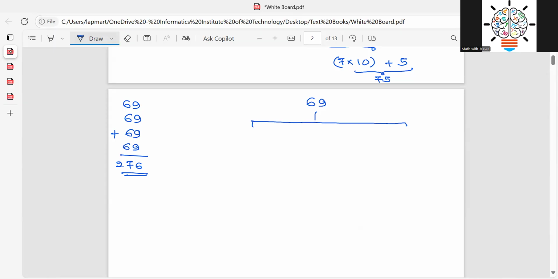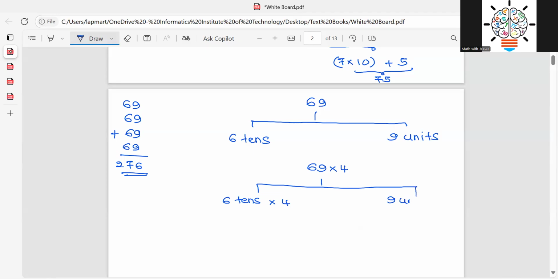It is 6 tens and 9 units. So if I want to multiply 69 by 4, what happened? You are doing this 4 times. So it is 6 tens multiplied by 4 and 9 units multiplied by 4.